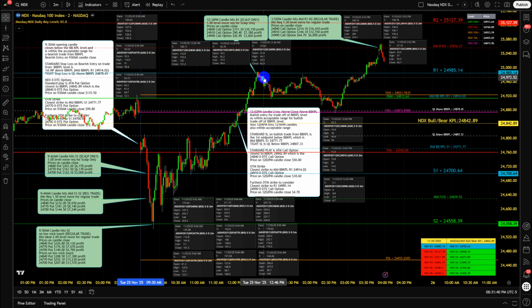So if you were in a regular trade, you're going to have to make a decision, since these are 0 DTE options, as to whether you're going to stay in the trade until the end of the day or not.